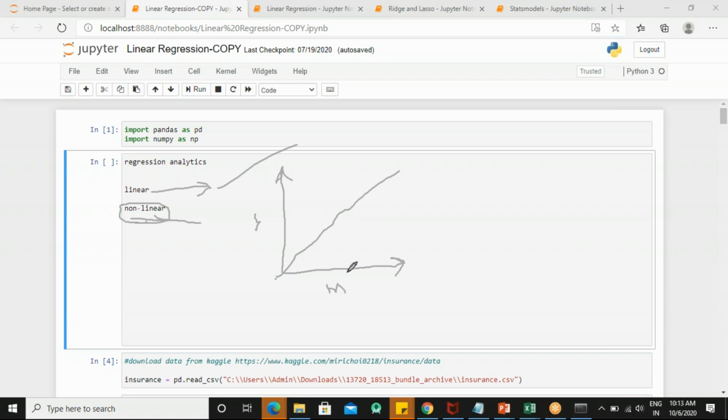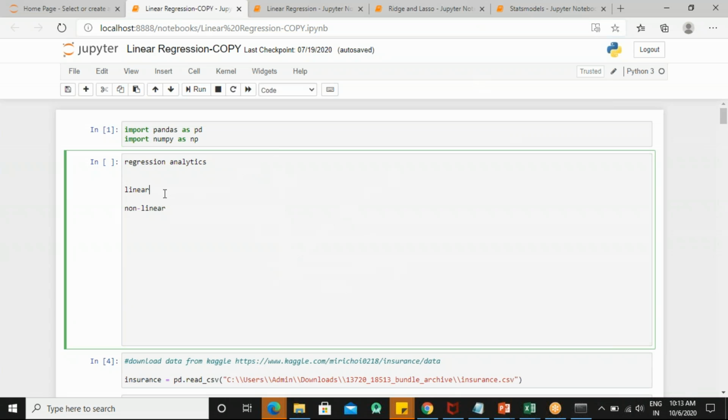And there are other non-linear models also, like the Poisson model. So that you guys are aware of a few things: OLS, ridge, lasso. Non-linear, primarily we talk about polynomial, Poisson.